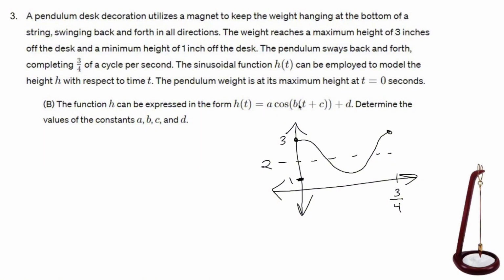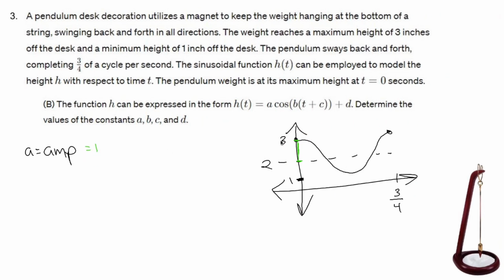Now, if you don't remember what means what here, A stands for amplitude. The amplitude is half the distance from the top to the bottom, or the distance from the midline to the top. The numbers are friendly enough that we could say the amplitude is just 1, and you would be correct.